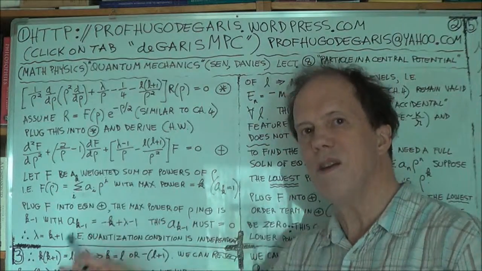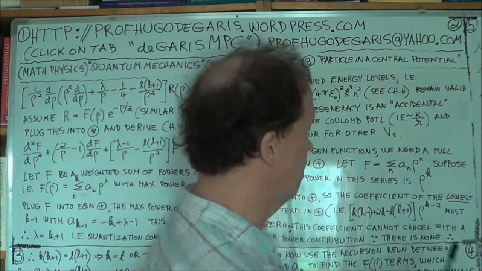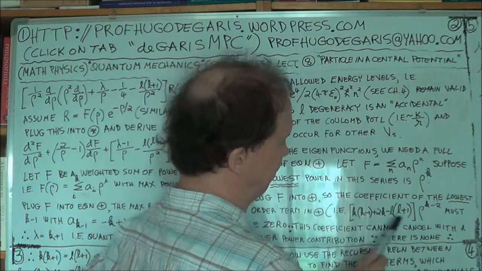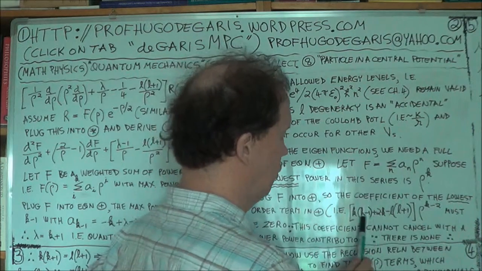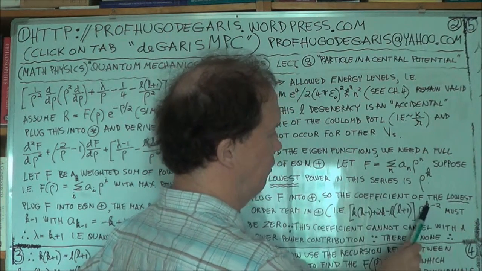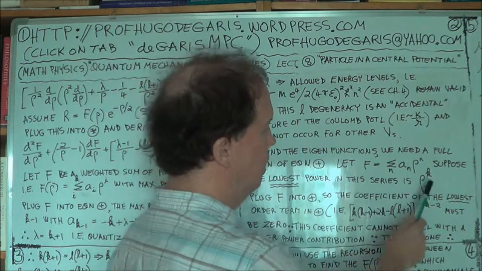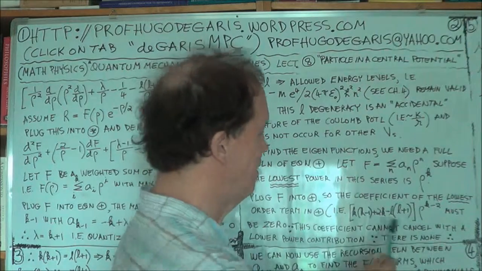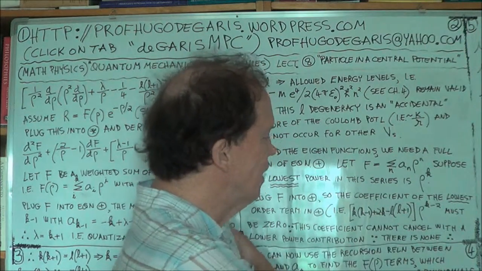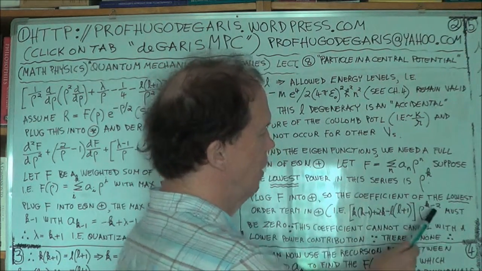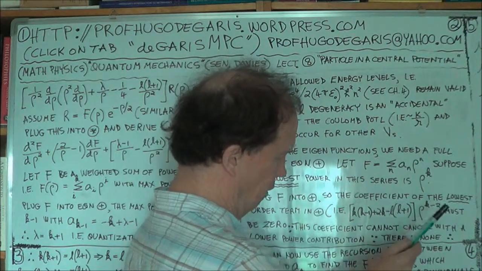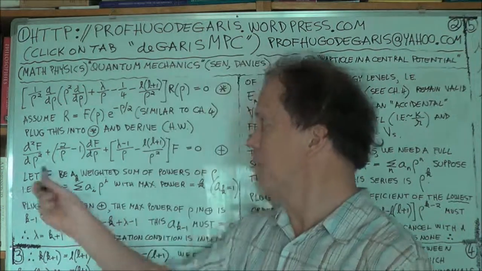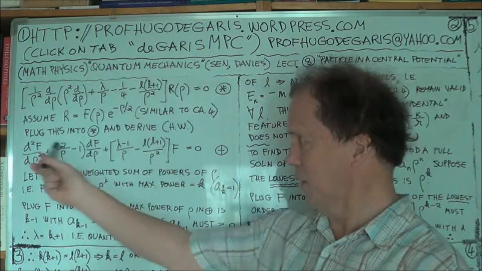Okay, so there are no other contributions to this coefficient here from this, because k was the lowest power. Okay? There just aren't. This is it. This is the lowest term for the lowest power of rho that results from calculating all this.